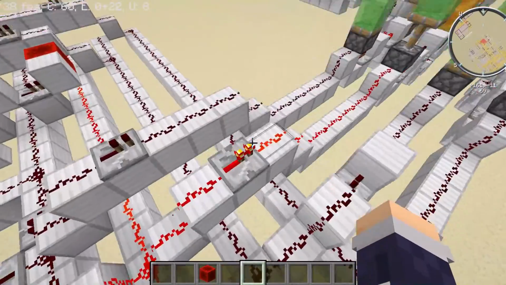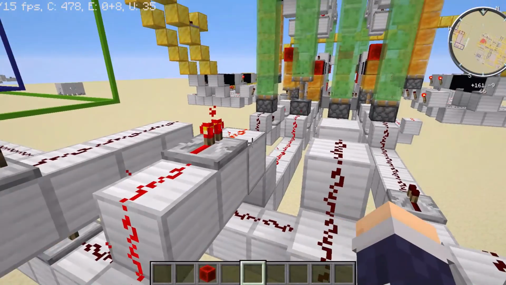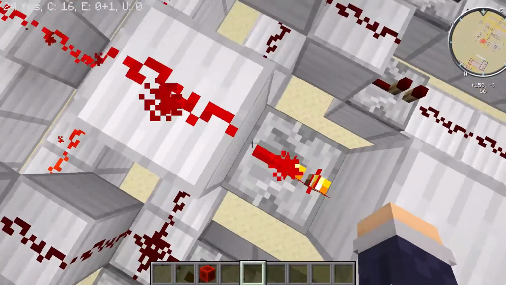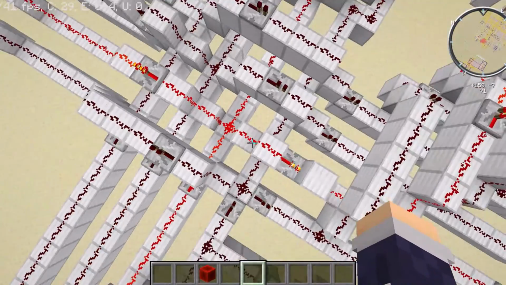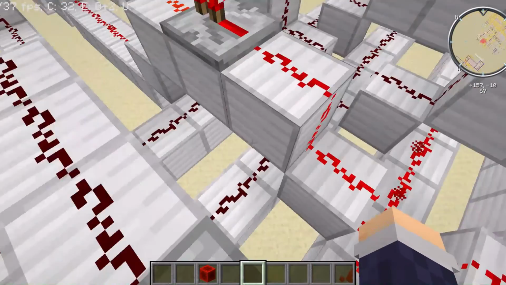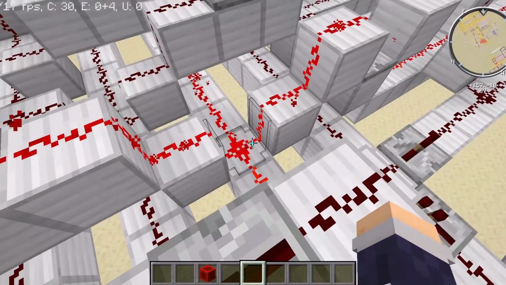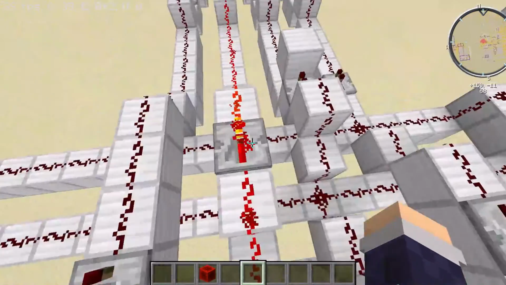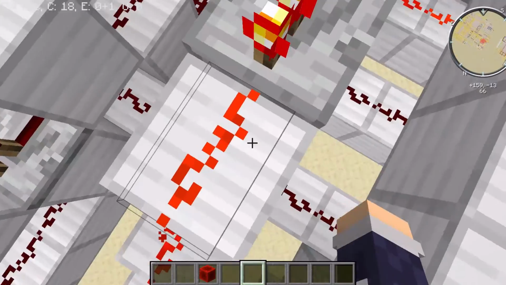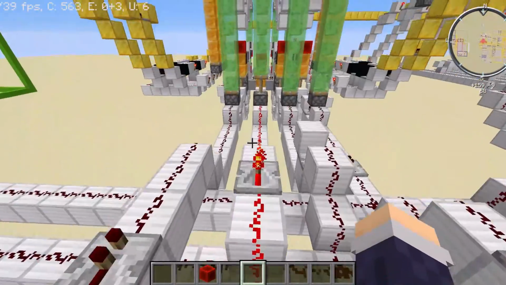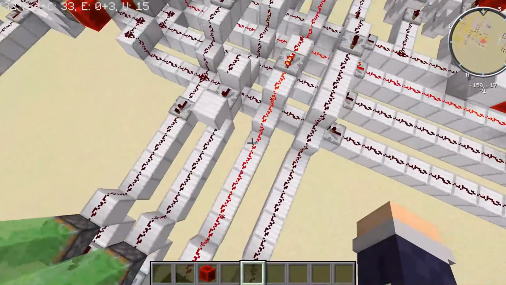So for example, over here, this is an input line because the repeater is faced that way. Oh no, this is one input. But you can have two inputs or outputs running from the same block. Actually, that's not a problem. So here the line goes on and it powers these lines that go into the different components.